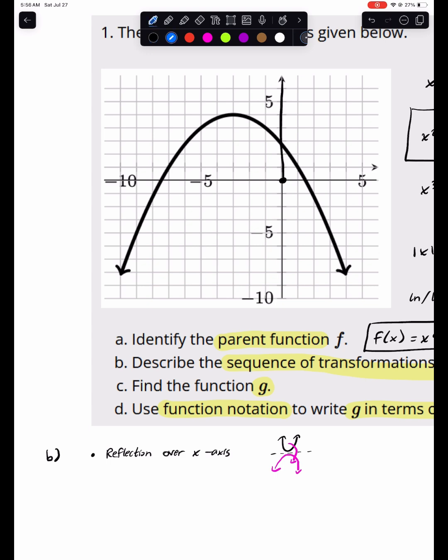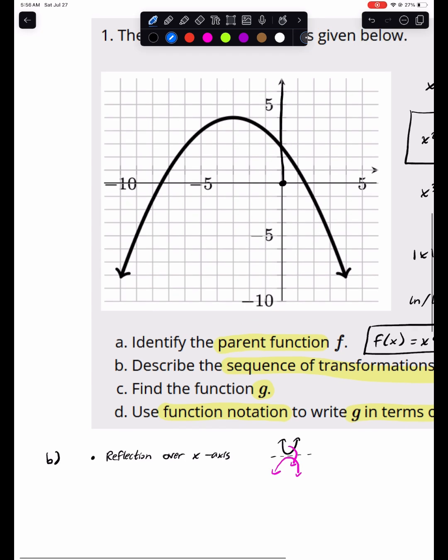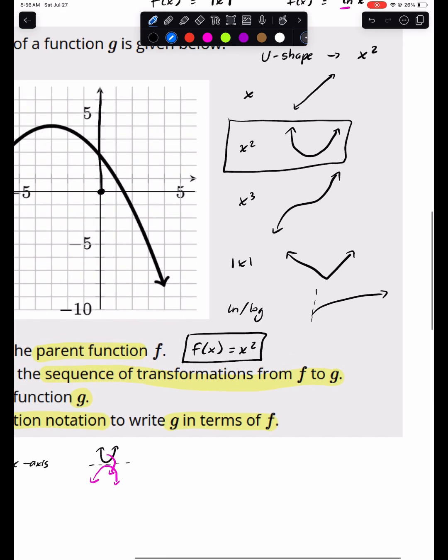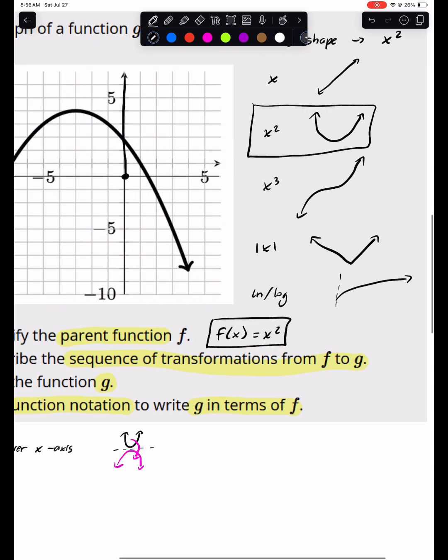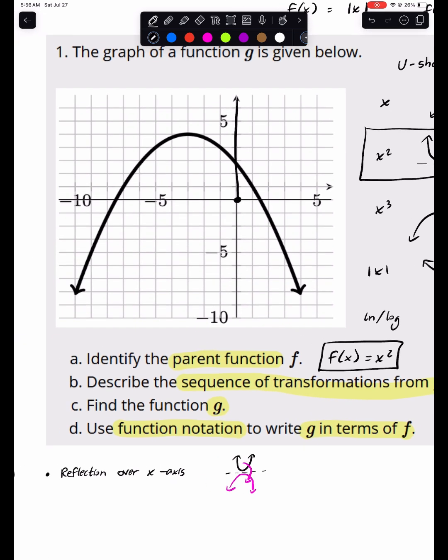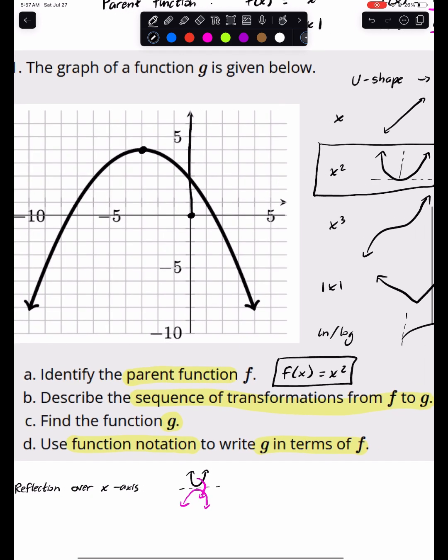So the next transformation to note is the shift of the origin, because these functions, like this x squared, are centered at the origin. Well, it's moved. The bottom or top of the U shape tends to be at the origin, but this time it's moved.